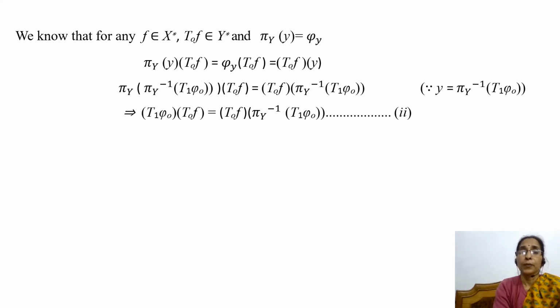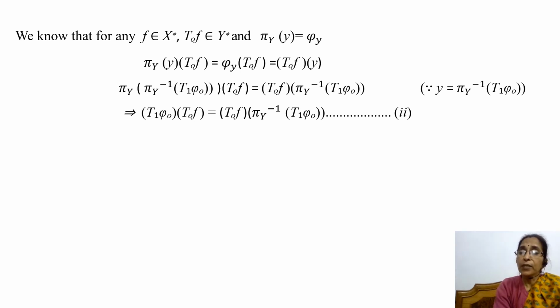So pi y of y applied to T naught f is equal to phi y of T naught f, because T naught f is an element of y star, and by definition of phi y this is equal to T naught f of y. Since y is equal to pi y inverse of T1 phi naught, we can replace y and have pi y of pi y inverse of T1 phi naught applied to T naught f equal to T naught f of pi y inverse T1 phi naught.